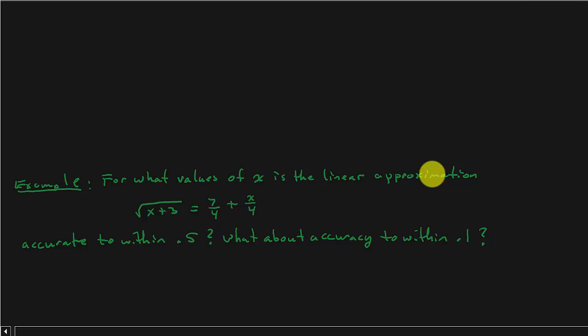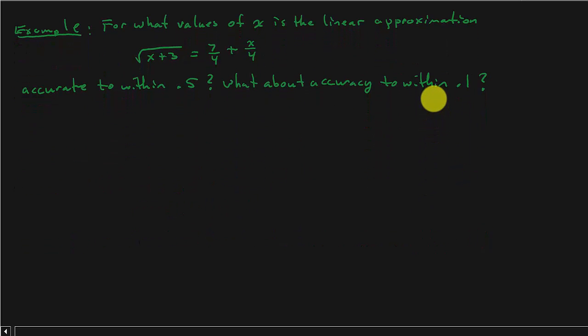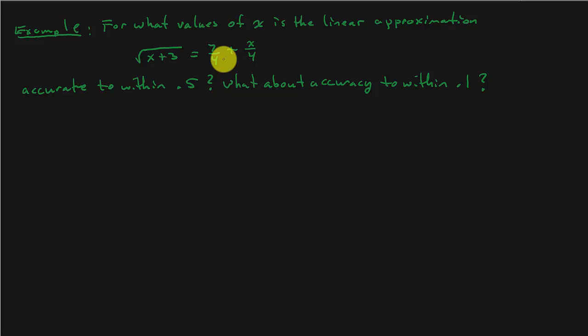I'll pull a picture up in a minute, and you'll see what I'm talking about. All right, but basically what we want to know is I want the difference in this calculation and this calculation. So if I take this calculation minus this calculation, I want that difference to be less than 0.5.